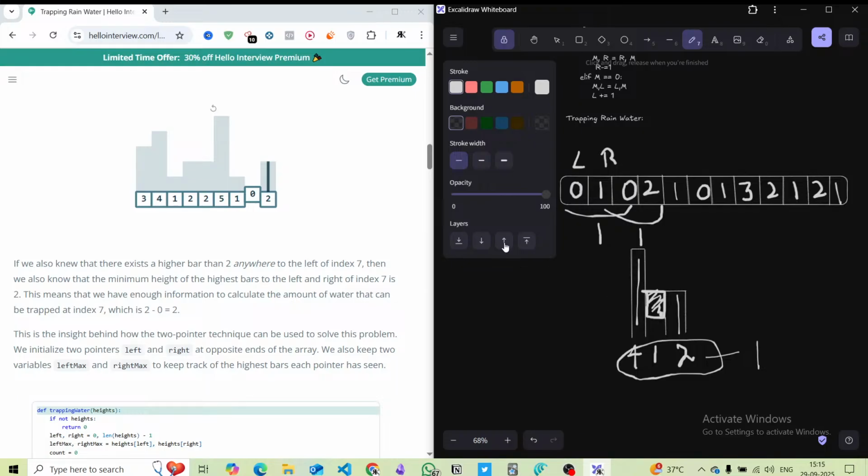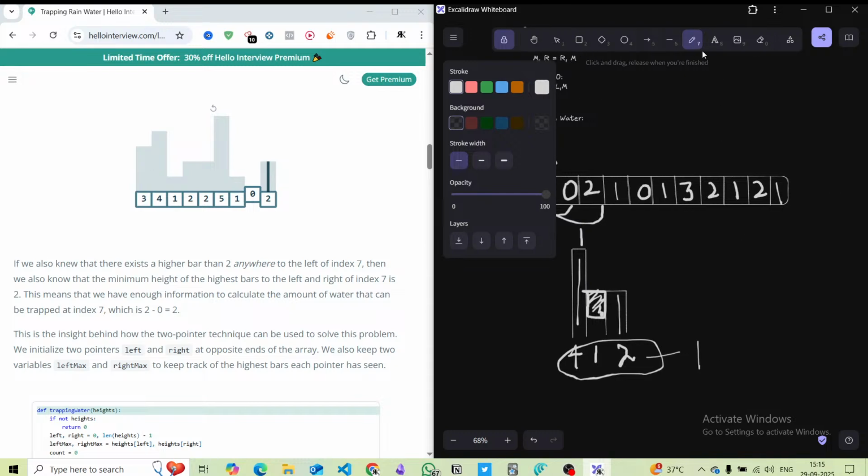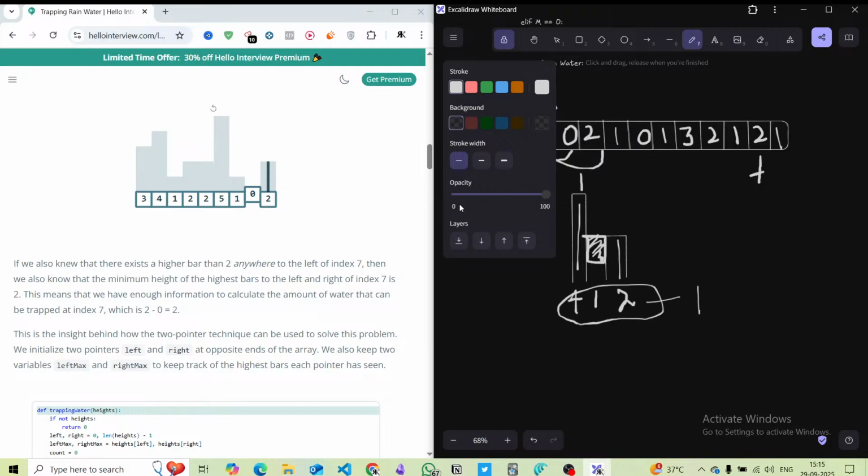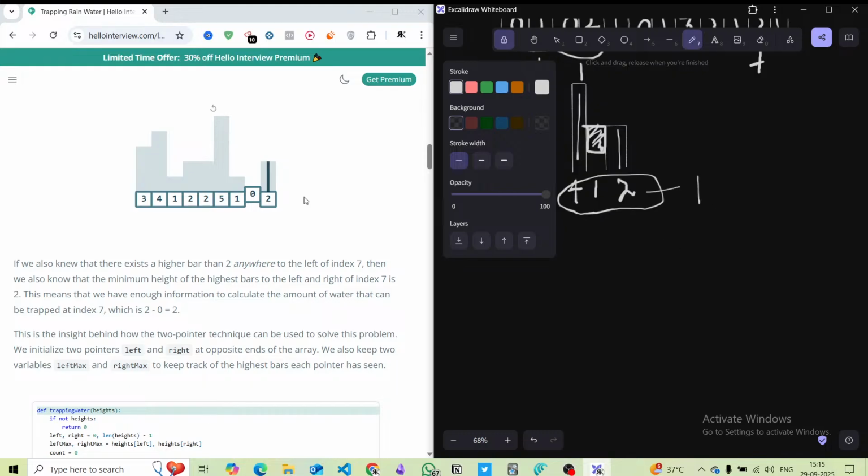So here what they are saying is, let's explain in our case. Let's say at this index we have 2, right? We can take this as an example.